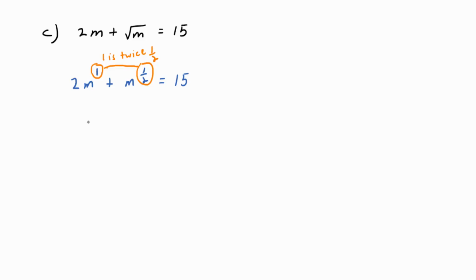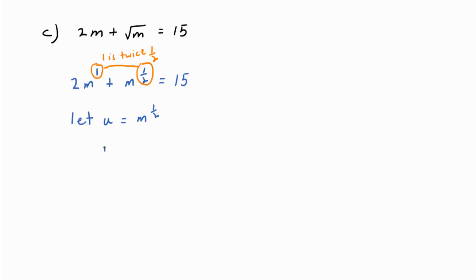So the idea is we're going to let u equal the thing, in this case, m to the 1/2, such that when you square it, you get the other thing. How do you like that for technical mathematical language? You let u equal the thing such that when you square it, you get the other thing. Does that make sense? So in this case, u is equal to m to the 1/2. What happens when you square it?